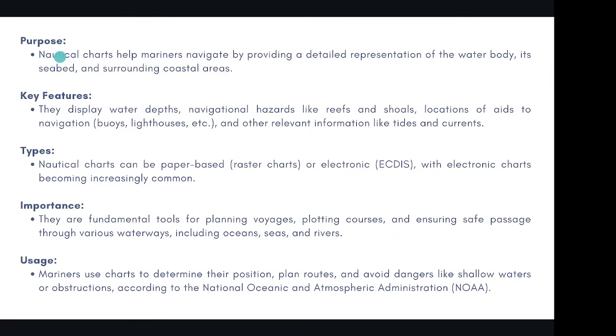So we have here some key points to remember. So first, what is the purpose of these charts? So the purpose of these charts or the nautical charts, it helps the mariners navigate by providing a detailed representation of the water and its seabed and surrounding coastal areas.